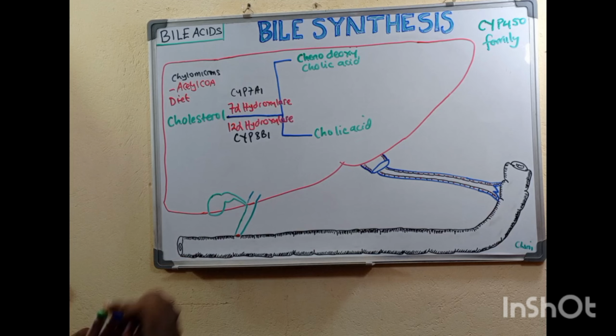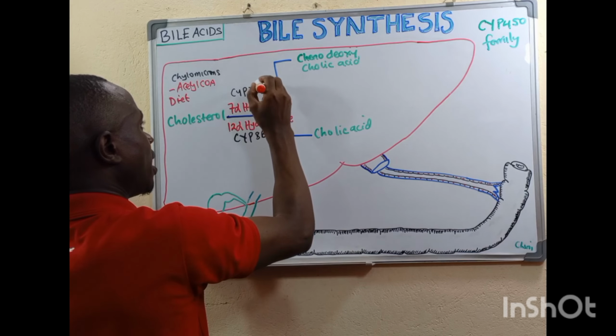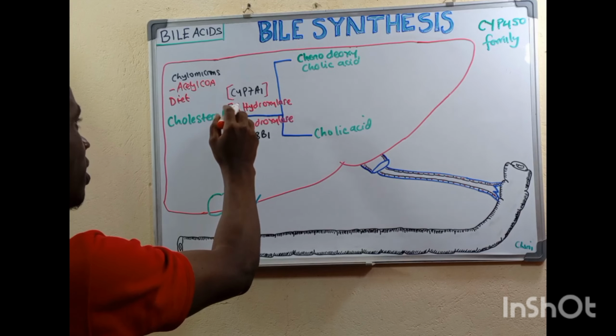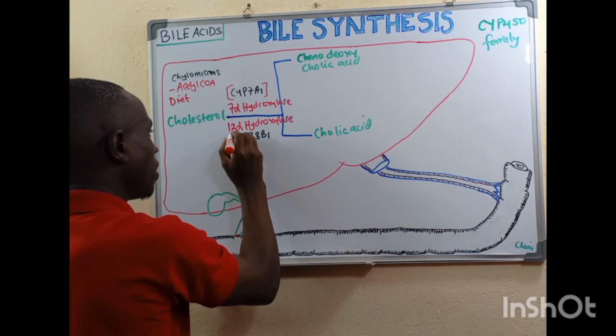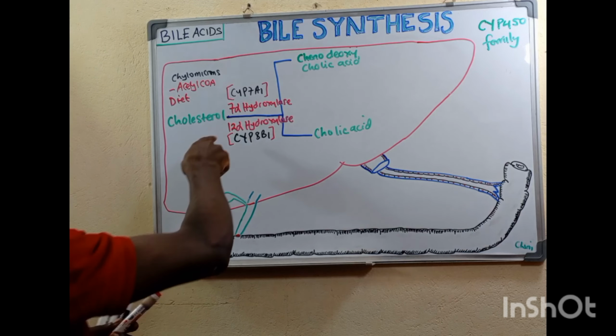So now these are other names. You can write this enzyme as CYP7A1, that is cytochrome P7A1, and this one CYP8B1 for sterol 12-alpha hydroxylase enzyme.